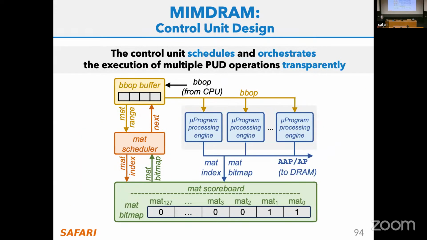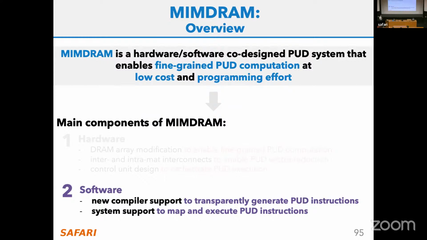We're also going to extend the SIMDRAM control unit to be able to map and control different processing using DRAM instructions. Since I can have multiple different DRAM instructions executing across the different DRAM mats, I need multiple of those microprogram processing engines that I mentioned before. You can see these as copies of the control unit that I mentioned for SIMDRAM, and some way to figure out which mats are being used during a particular execution time.